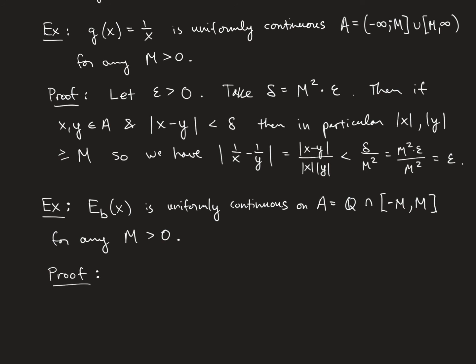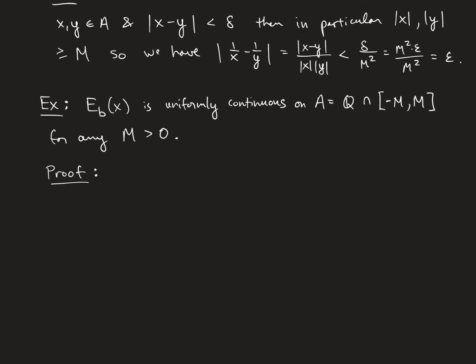So our proof here is that we have b to the x minus b to the y. What we're going to do is pull out, just like we did with the continuity proof, b to the y. We have b to the x minus y, minus 1.